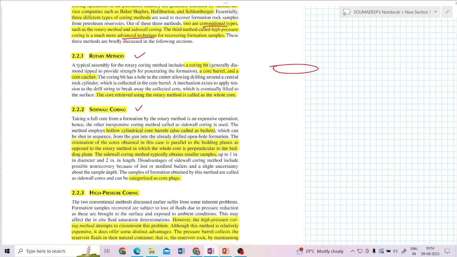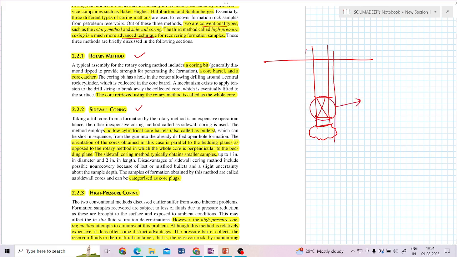It is basically a core. How is it done? First of all, this is a drill bit. There is a core catcher or core holder over here. With this, using a certain procedure, we take a core from the formation wall.